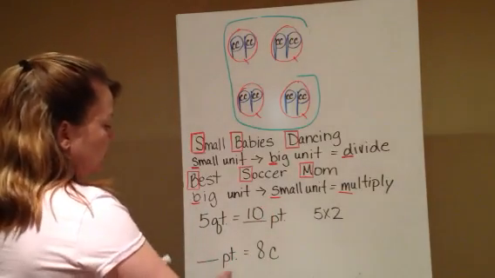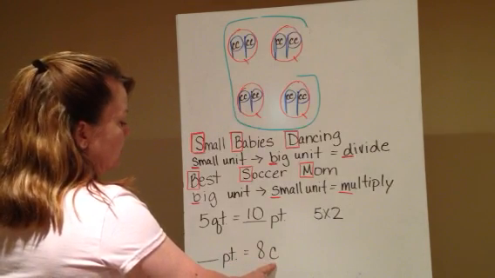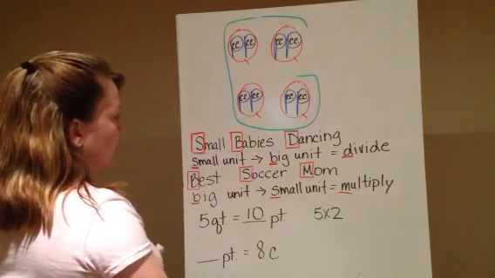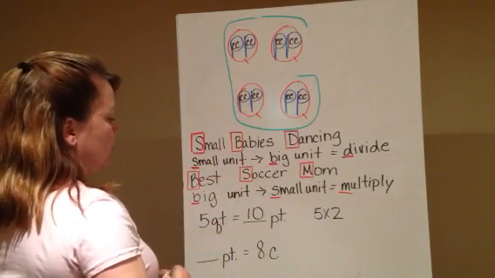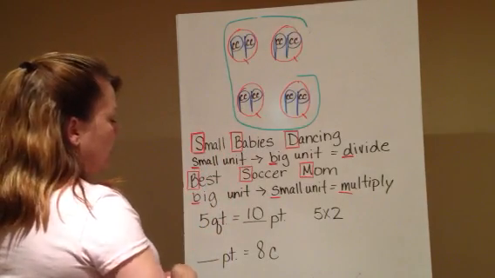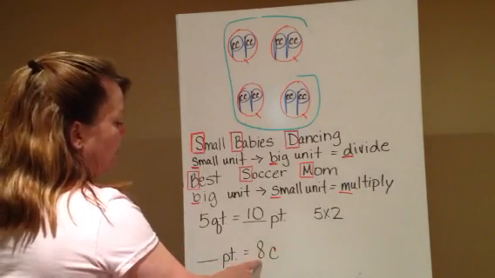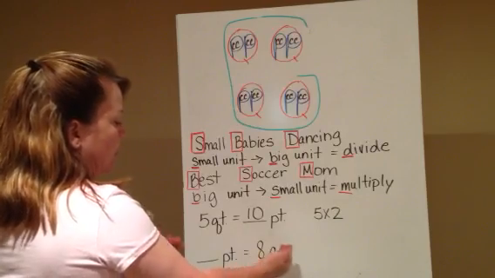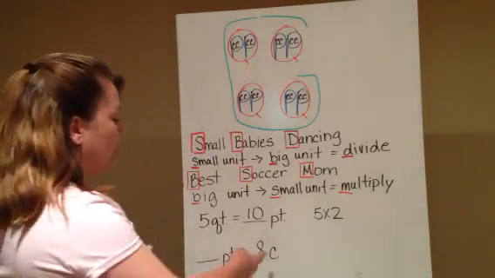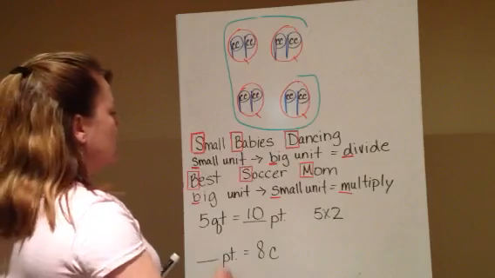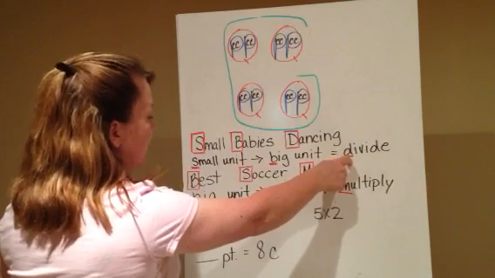Okay? Now for this problem, we have pints and we have cups. I want you to think about that for a minute. So for 1 pint, I have 2 cups. Am I going from big to small or small to big? So basically, since I have my answer over here, I want to think of that the opposite way because I actually have the small unit. I'm trying to figure out the big unit. So we're going from small unit to big unit. We want to divide.